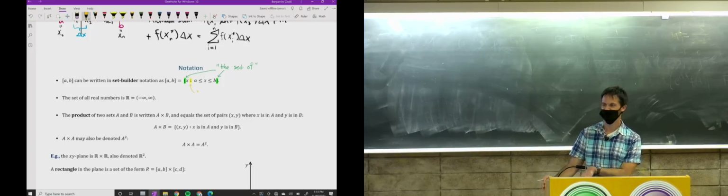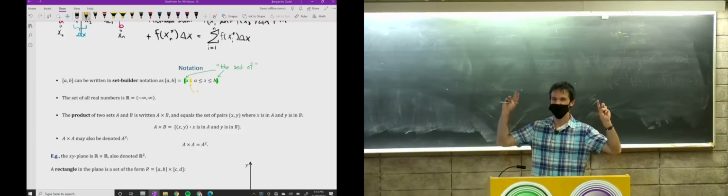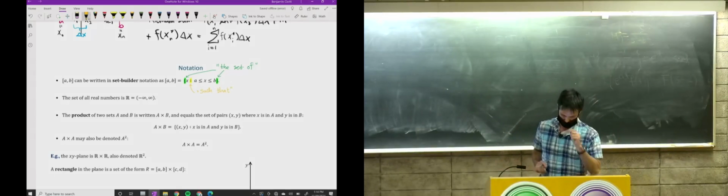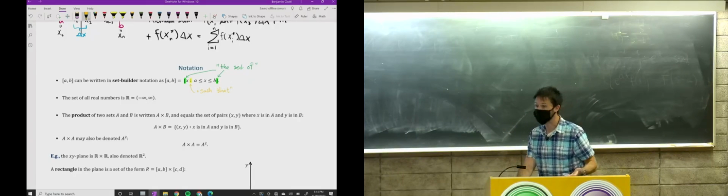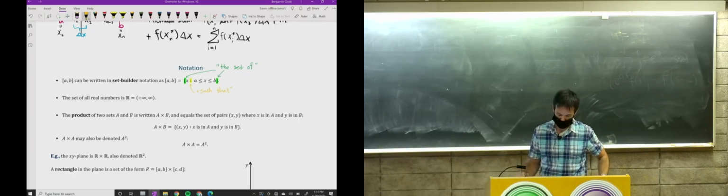There's a better phrase for it. Yeah, the colon has an English phrase translation. This symbol stands for the phrase such that. When you see the colon, it means such that. Okay, so that's another way that you can describe sets, and it's useful, and we'll occasionally make use of it.